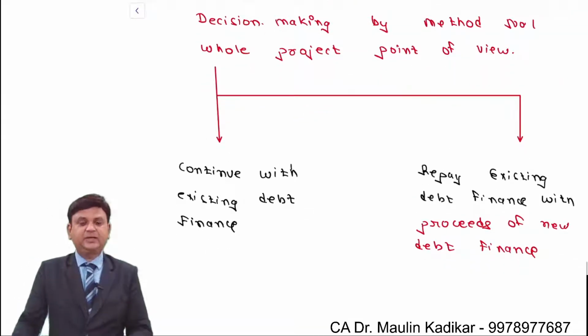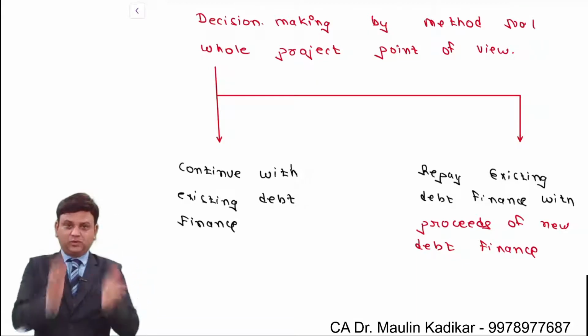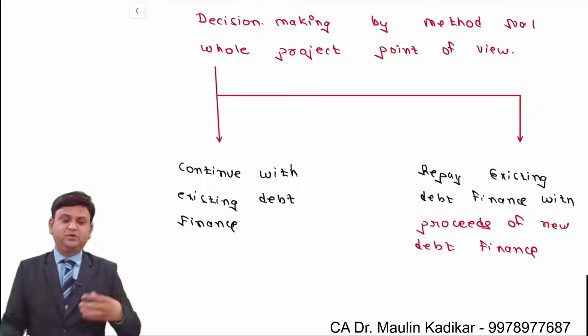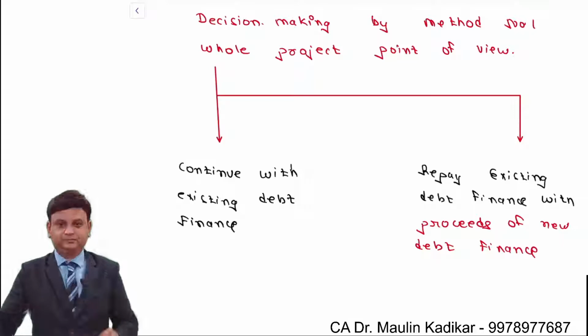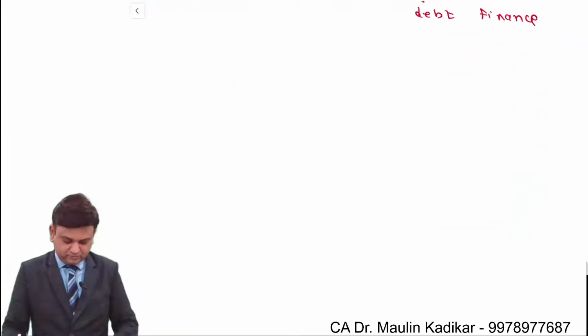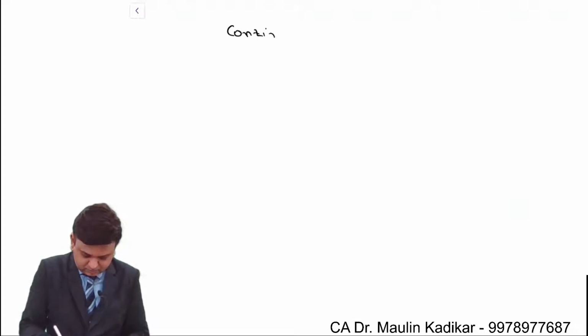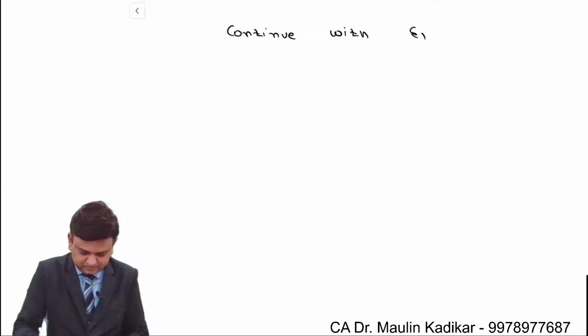So we are required to make the comparison of the cost for both the options, and the option having lower cost will be selected. Heading, write down: continue with existing debt finance.